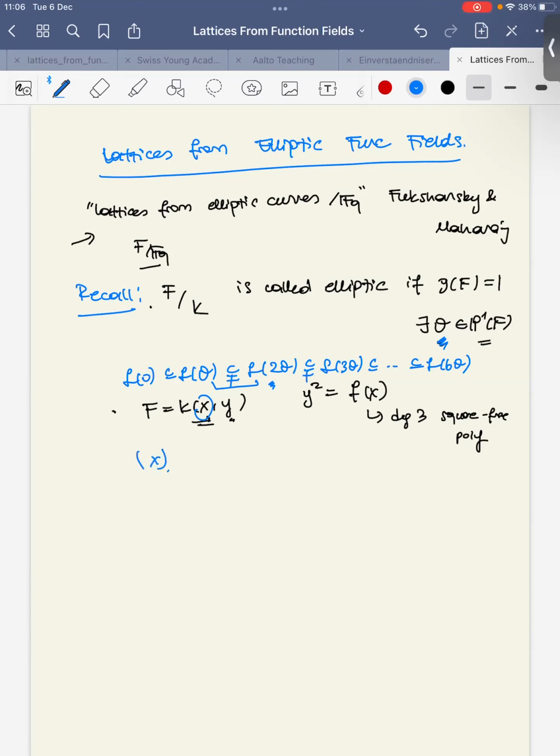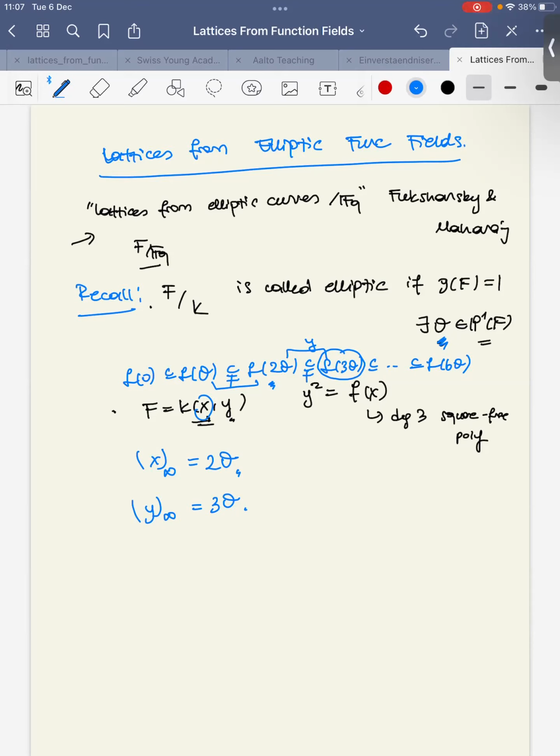Recall that this tells us the pole divisor of x in F is exactly 2O. And we chose the function y inside the Riemann-Roch space of the divisor 3O, but not in that of 2O. So the choice of the function tells us the pole divisor of y is exactly 3O. That means O is the unique common pole of x and y in the elliptic function field.